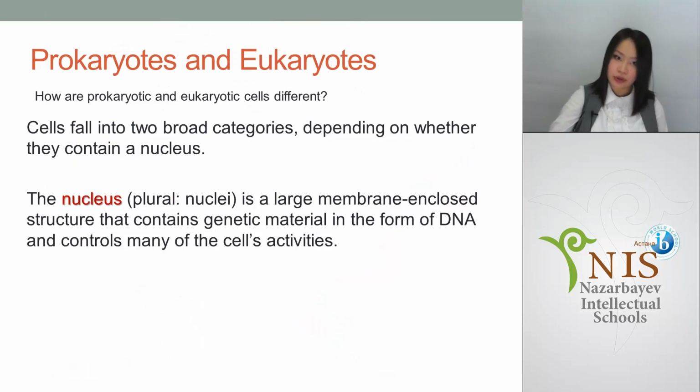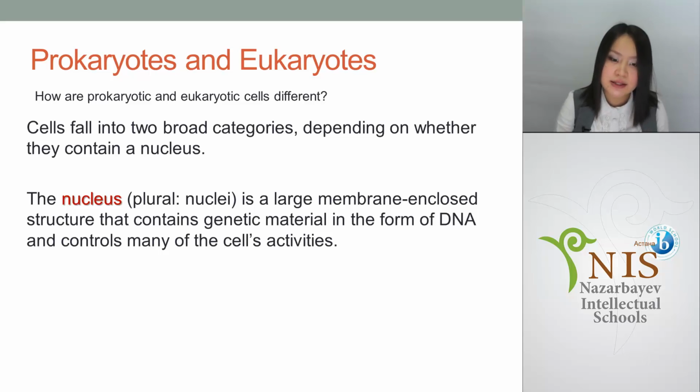Prokaryotes and eukaryotes. How are prokaryotic and eukaryotic cells different? This is a very good question, because first you should know the difference. Cells fall into two broad categories depending on whether they contain a nucleus.